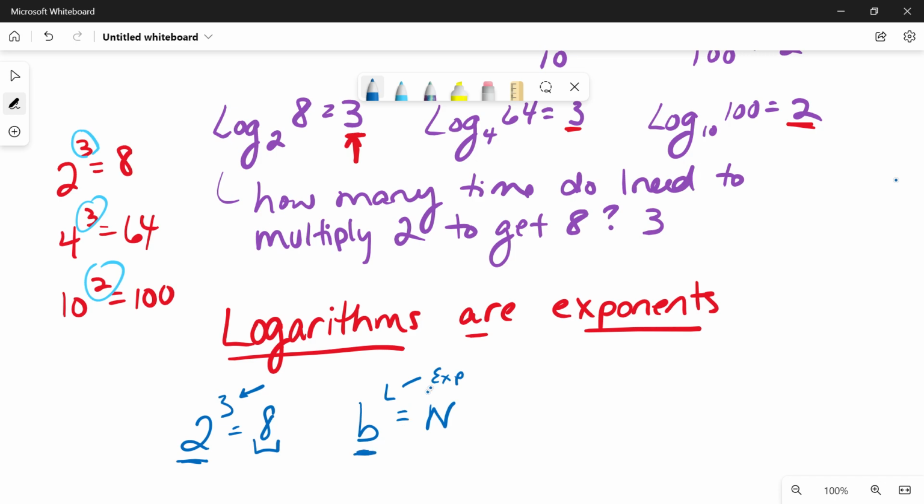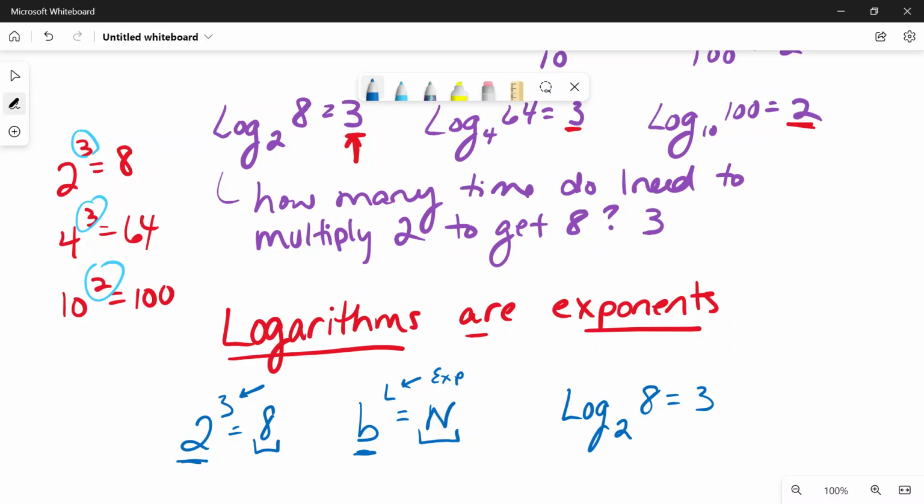Here's my base, here's my exponent up there, and here's my number that it equals. So this is going to translate as log base 2 of 8 equals 3.